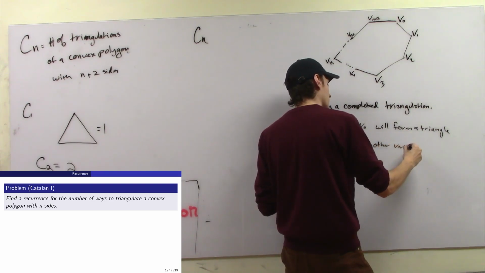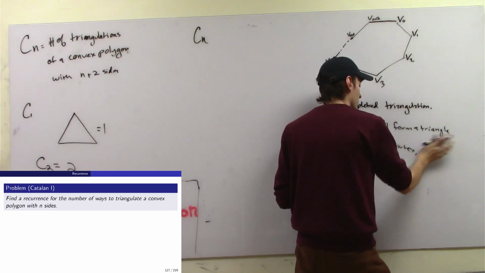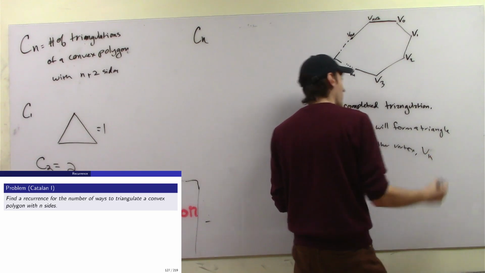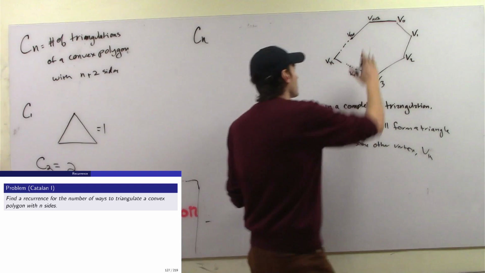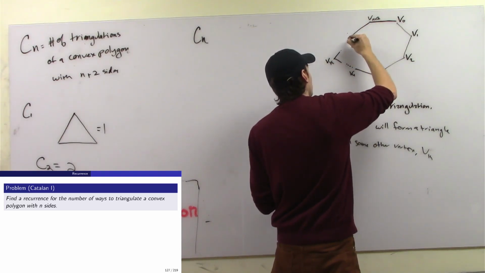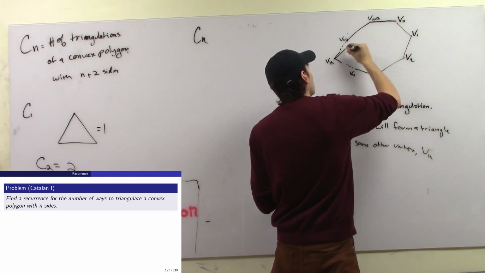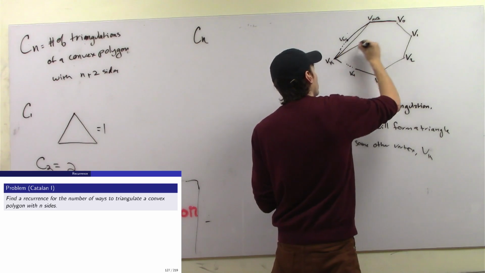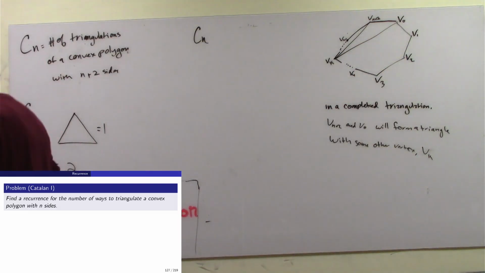We're going to call it vk, v sub k. And so I've got that one over here. It's like I knew it was coming, except I don't like this picture. Maybe we'll put v sub n minus 1 over there. So maybe this is my triangle. Okay. So I have this triangle right here.